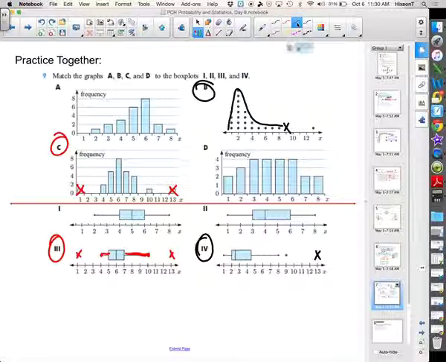And what about D? Is D the first one or the second one? Would A be the first one? A is the first one. D is kind of even. Yeah, D is really level. It's pretty symmetric.